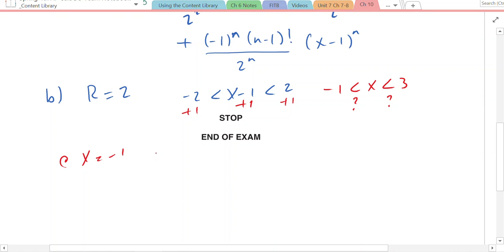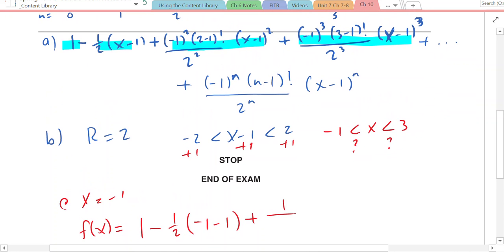So when we check at the endpoint, f of x is equal to the first term, minus 1/2, and we know what x is, it's -1, so -1 minus 1, and then plus 1 over 4, because it's squared, so it's 1, and then 1 factorial over 4, times -1 minus 1 squared, so that's just 1/4.